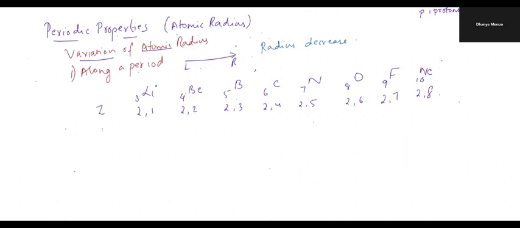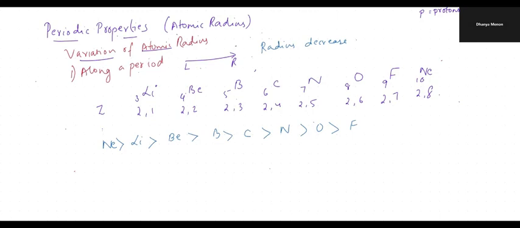Now we have lithium, which is greater in size than beryllium, and so on, right? Oxygen is greater than fluorine, so as you come towards the right, the radius is decreasing. But it is found that neon has a greater radius than lithium.